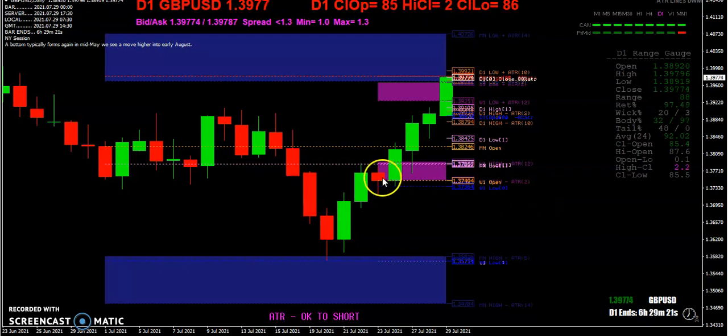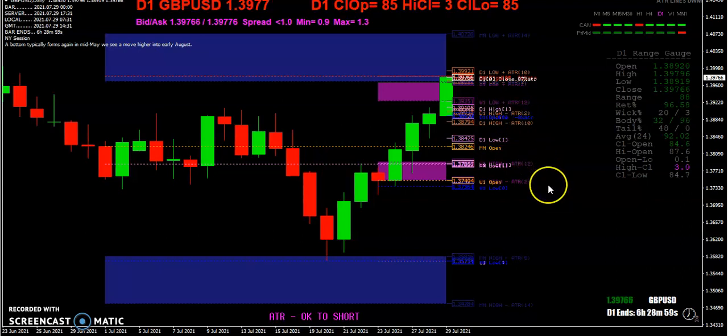So you can see this is dynamic. As price makes new highs, these boxes are going to come up. It put in the low, put in the high, and these ranges were here. Well, this has already come up and hit that range. And that's when you know when to start taking profit and start to look for reversals.